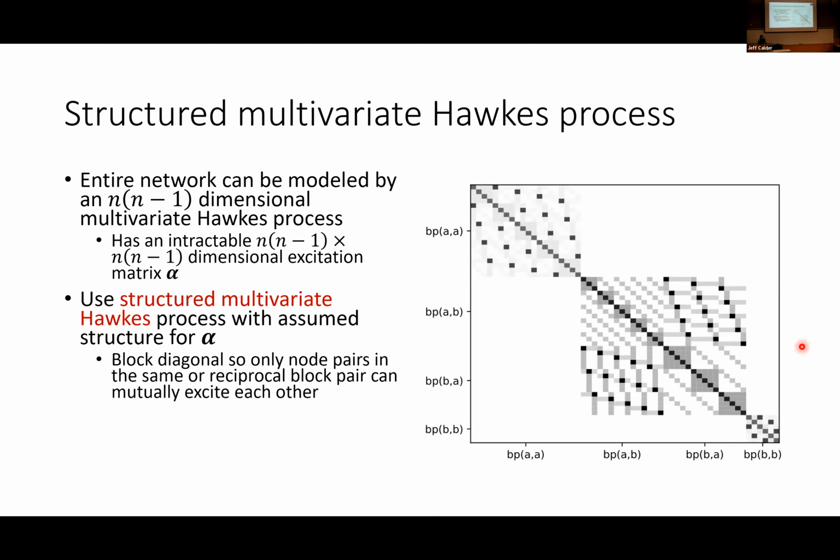And the first assumption we're making on the structure is that it's block diagonal, so that only node pairs in either the same or a reciprocal block pair can mutually excite each other. So let's say I'm in block 1, you're in block 2, then events from other nodes in block 1 and block 2, or from block 2 back to block 1, can excite each other. Block 3, 4, 5, whatever, those can't affect the edges between blocks 1 and 2.